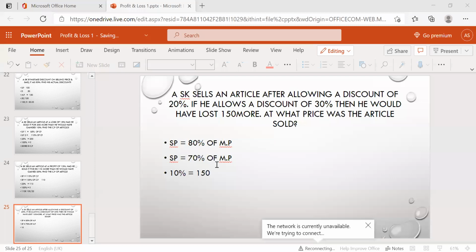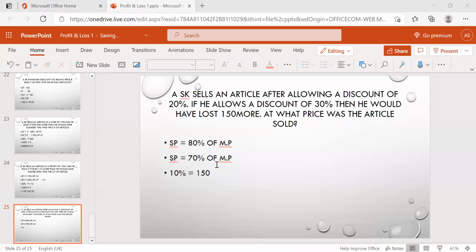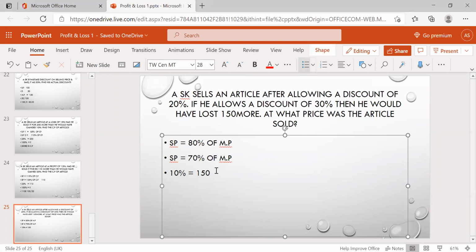See, 80% of mark price the first time, and the second time 70% of the mark price, and he allows 10% extra discount. So after giving the extra 10% discount, he lost 150 rupees. Now 10% is 150 rupees. Then what's the 100%?